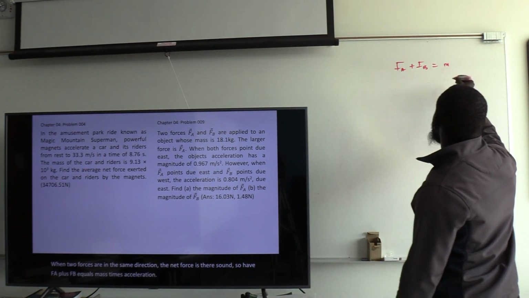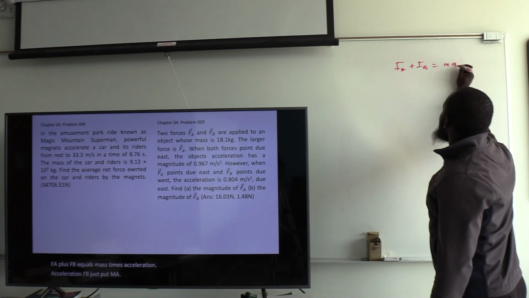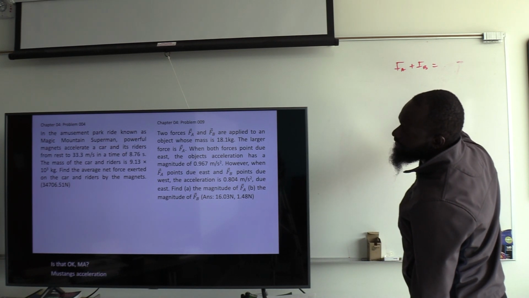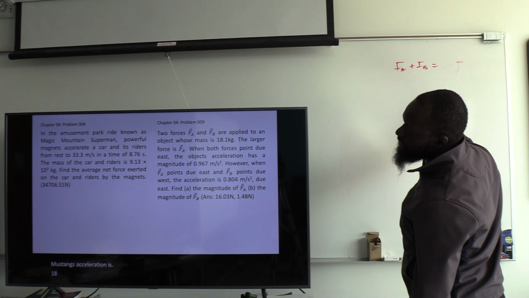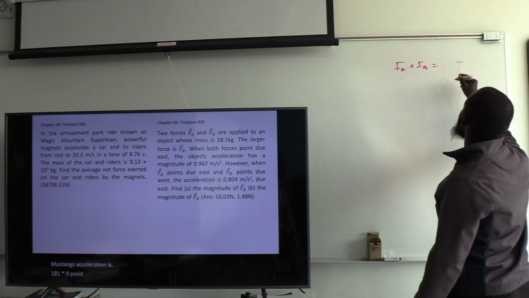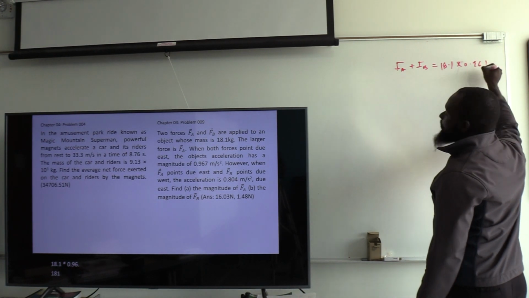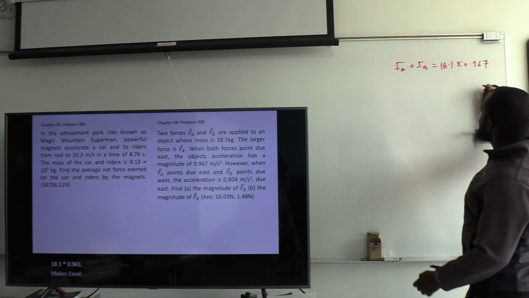Acceleration, I'll just put Ma. Ma, mass times acceleration, is 18.1 times 0.967.